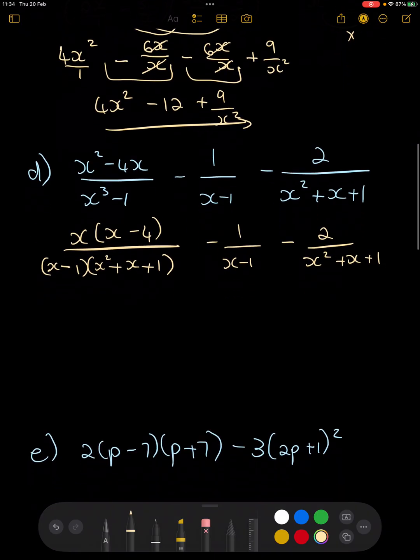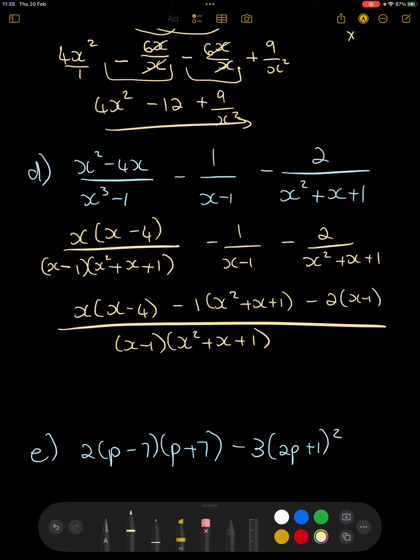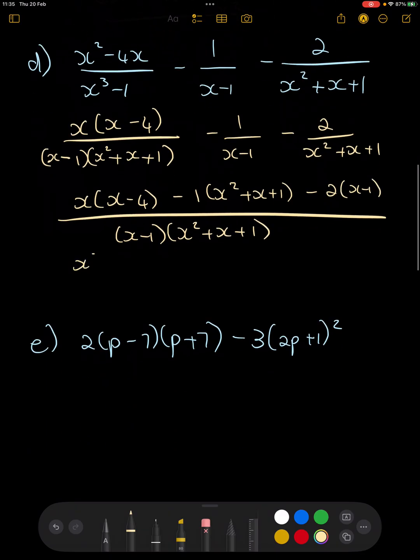Right, so now if I go have a look, it's a lot simpler to get an LCD, because my LCD is going to be the following. Now I can just multiply each of the equations with the part that they're missing for the LCD. And then I can just simplify from there.